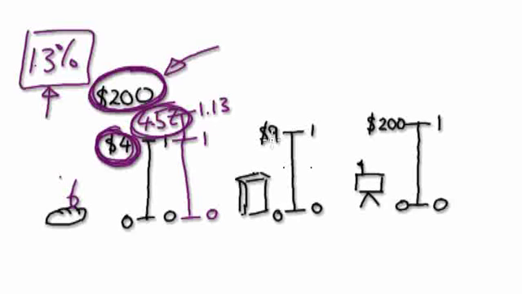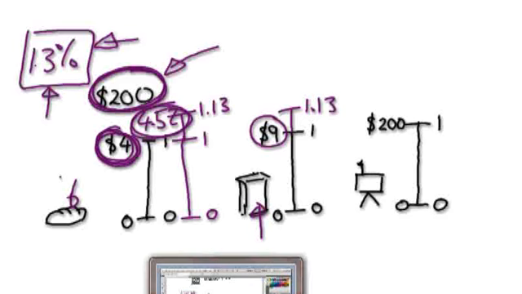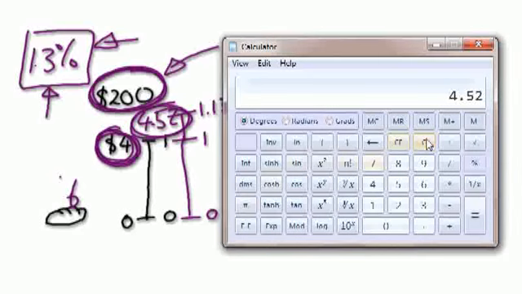Let's say a box of cereal costs $9. Well, if you have an inflation of 13%, what that means is at the end of the year, you're going to have an increase in price. So this box of cereal will cost $9 times 1.13.